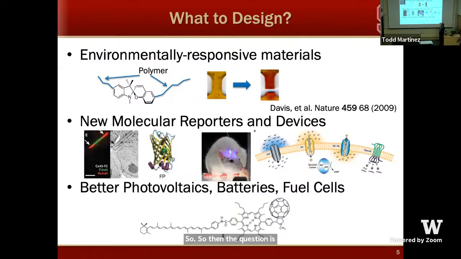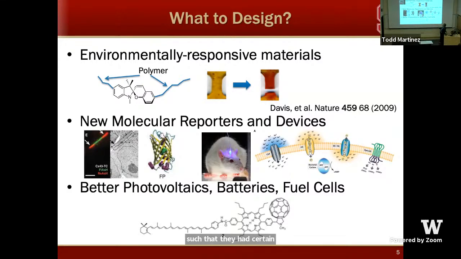And here, I really don't want to go into a lot of detail about it. These are things that I've been interested in. You would like to be able to design environmentally responsive materials, so to take polymers and make them such that they had certain chemical responses to force.